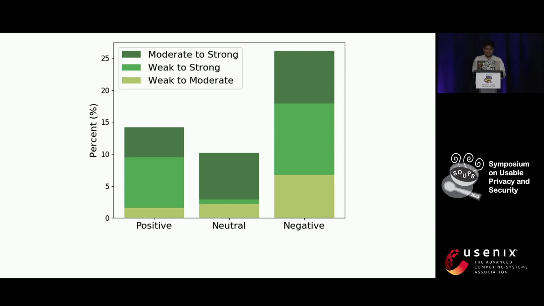We have the 3 different conditions on the x-axis, and on the y-axis we have the different percentages. We can see that for those shown the negative framing who decided to go back, over 26% were able to actually improve their password, which was significantly higher than both positive and neutral framings.